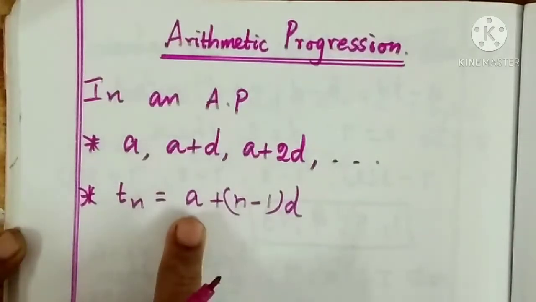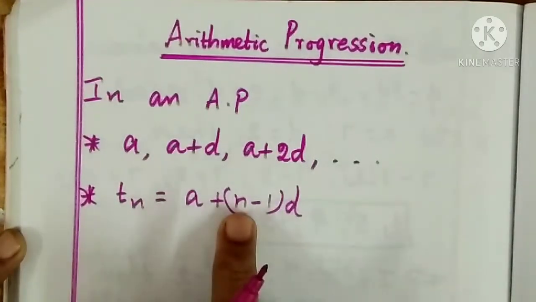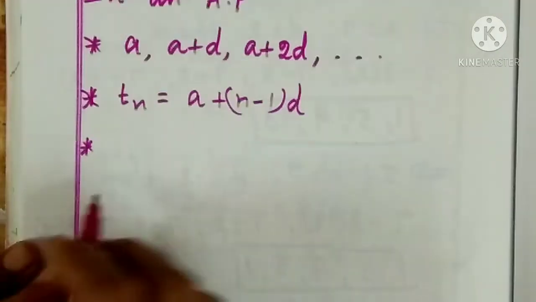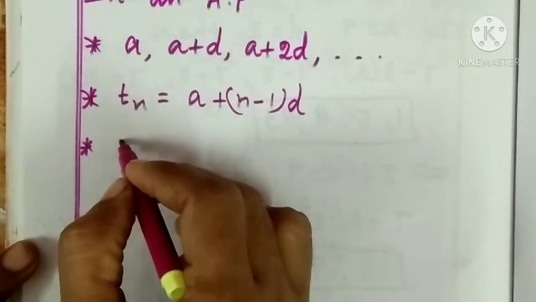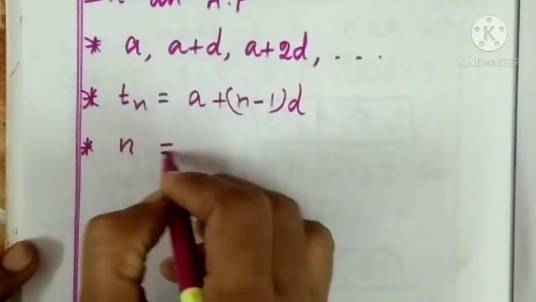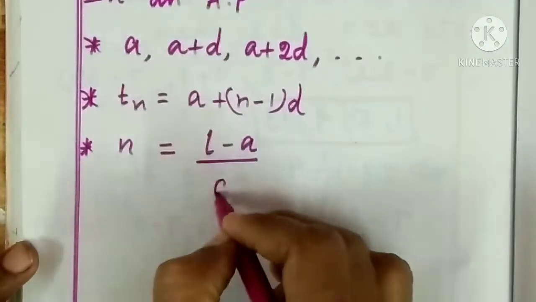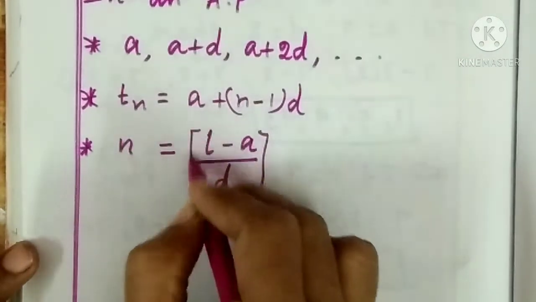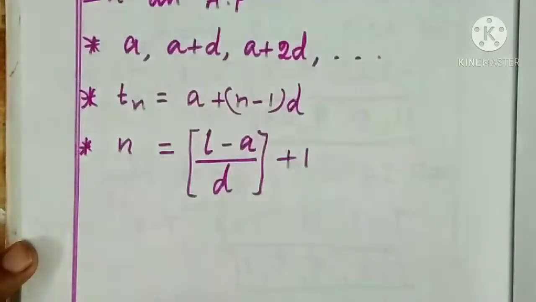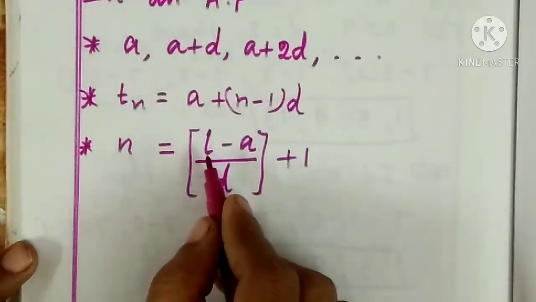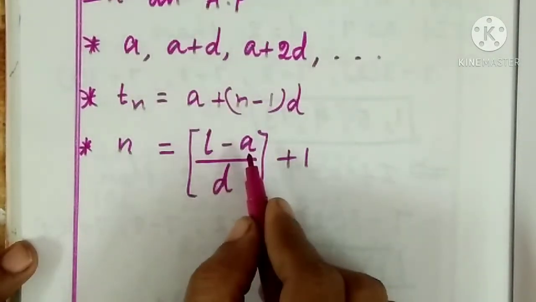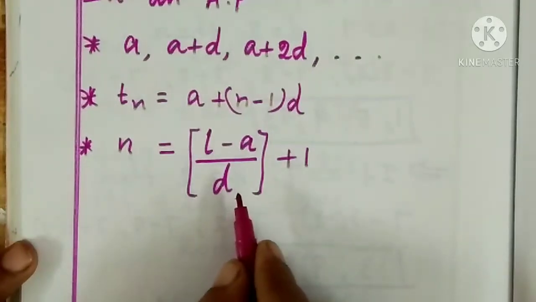Here a is first term, d is common difference and n is the nth term. The next point, number of terms of an AP is equal to (l minus a) divided by d, plus 1. Here l is the last term, a is the first term, d is the common difference.